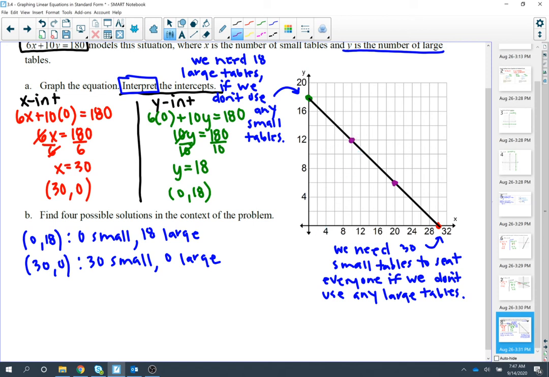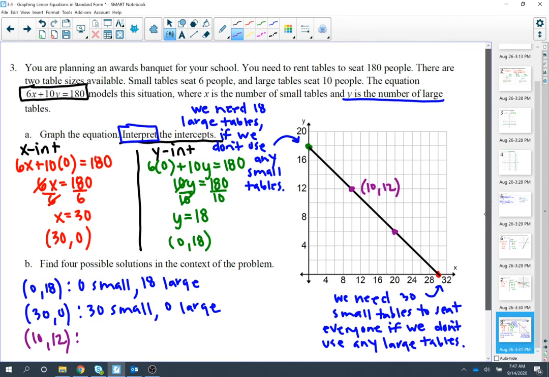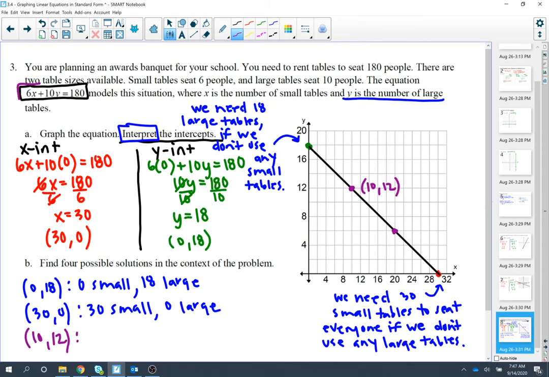If I find this dot, I'm going to go over to 10 and up to 12. I'm really hoping that 10, 12 would be a solution, but I'm going to check it to make sure my graph is what I want it to be. I'll substitute 10 in for x and 12 in for y, and that better get me 180.